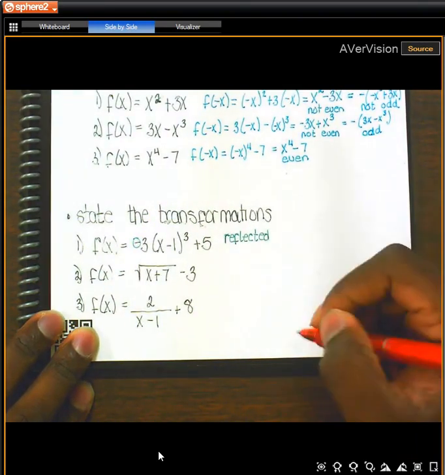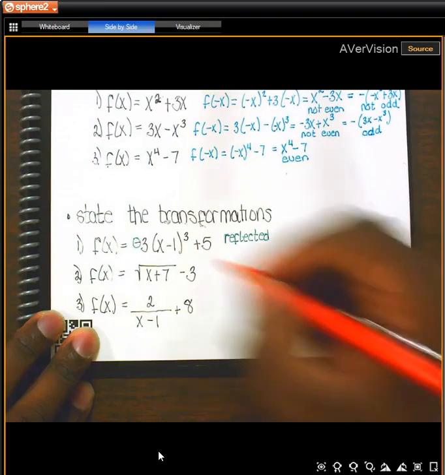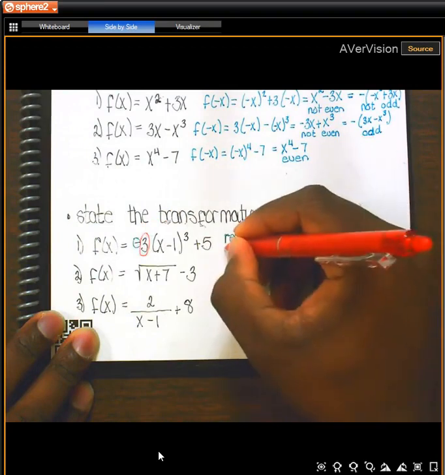What else? Yeah. This 3, because it's greater than 1, that means it's a stretch.